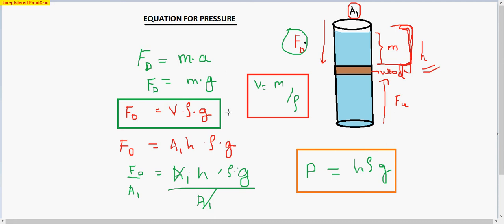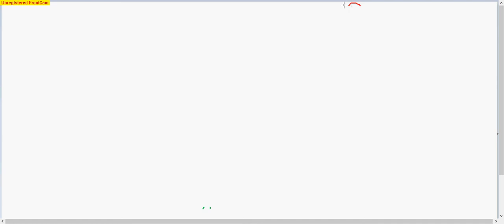Now I'll make you more familiar with that equation by doing a problem. Let me clear this off. So consider a container.